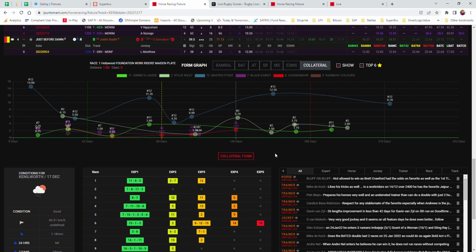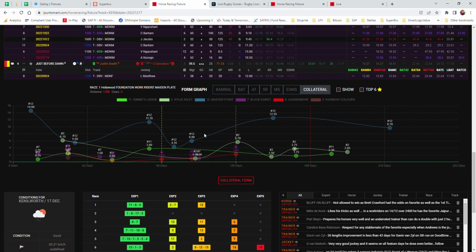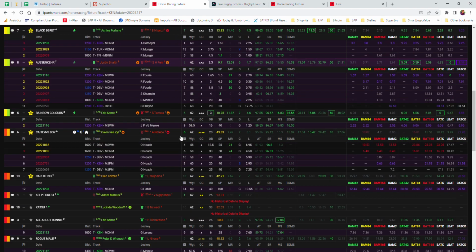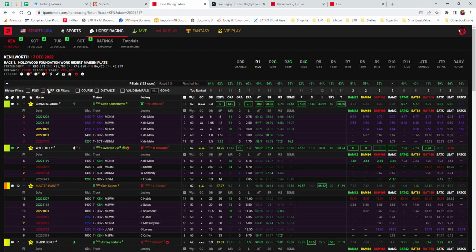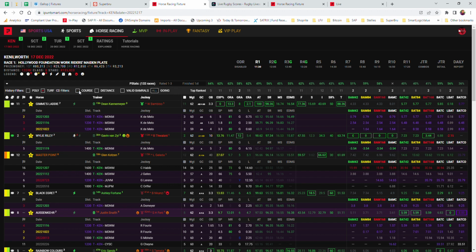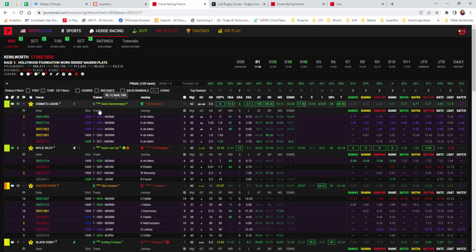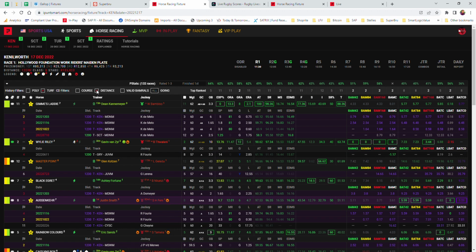Okay, so enough of that. If you just quite simply go and filter, for instance, if you know it's today's Kenilworth, let's take out the poly, so we only pick the turf. And if you only look at Kenilworth, then you can do that. Or if you want to look at it because it's a feature day, I'll keep the others in. If you look at the exact specific 1200 distance, you can do that.